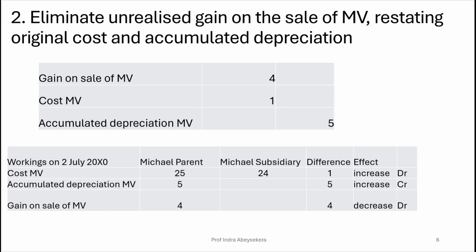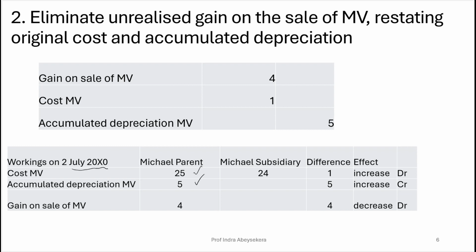Our second consolidation journal entry is to eliminate unrealized gain on the sale of motor vehicle and to restate the original cost and accumulated depreciation. So on 2nd of July 20X0, Michael had the car and recorded the cost as 25,000 with accumulated depreciation of $5,000.